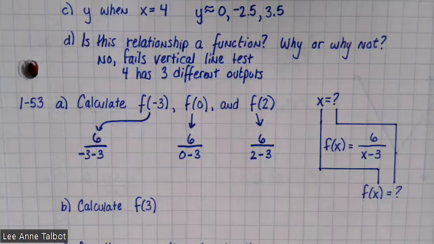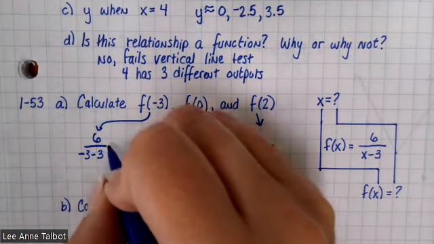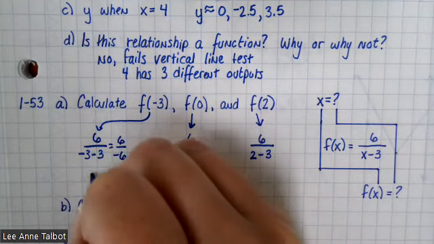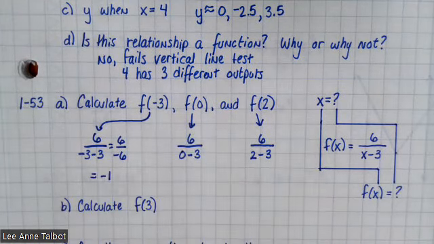Are those okay? Does that make sense? Okay, I didn't finish them yet. So this is 6 over -6, which is -1.